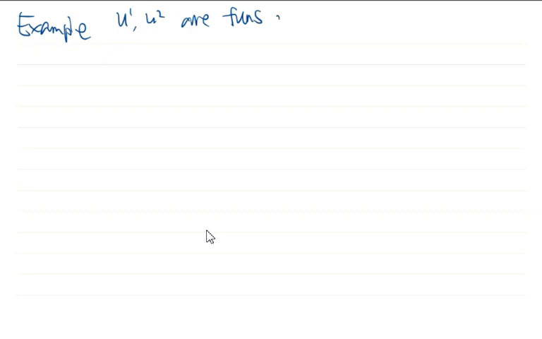So we consider an example of computing the derivative of implicitly defined functions. Suppose u1 and u2 are functions of x1, x2, x3.